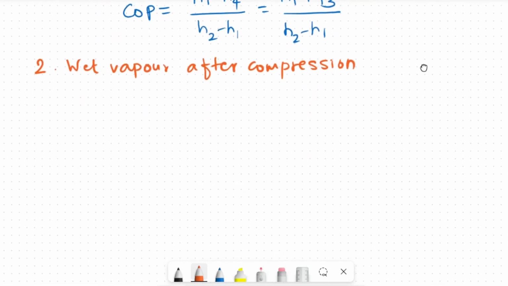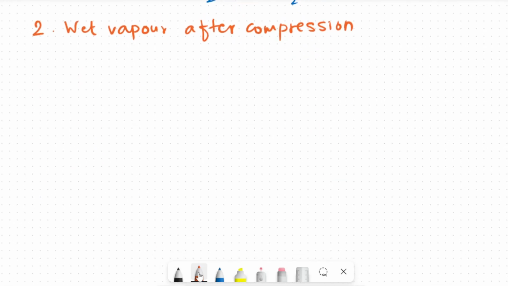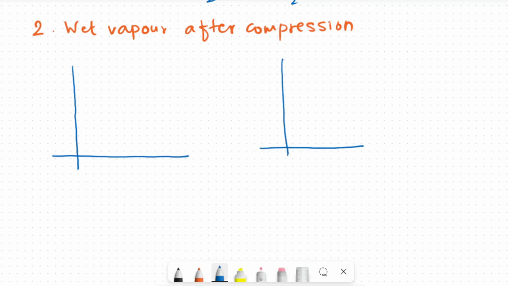Okay, so let us first draw the pH and TS diagram. This is pH and this is TS.